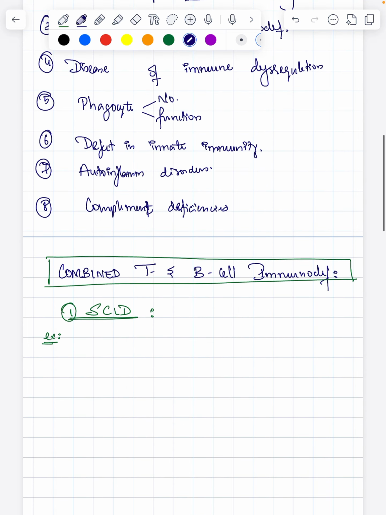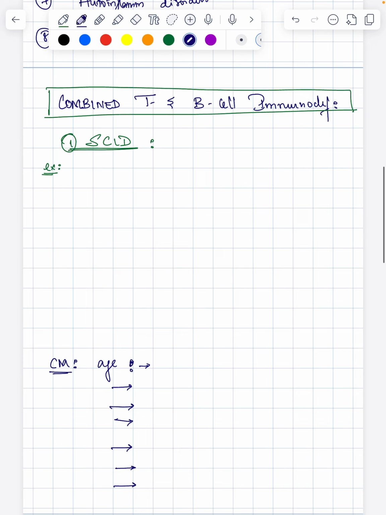First is combined T and B cell defect. First one is SCID, that is severe combined immunodeficiency. There are around 22 groups of disease in this classification. For example, the child can have ADA deficiency. Second, RAG1 or 2 deficiency.